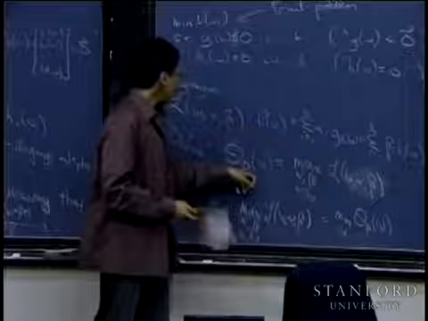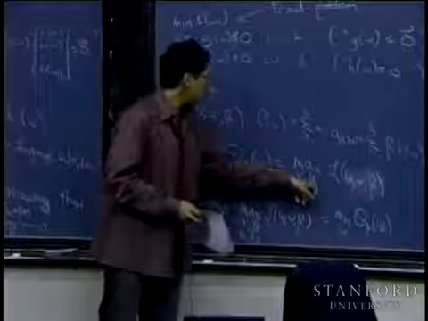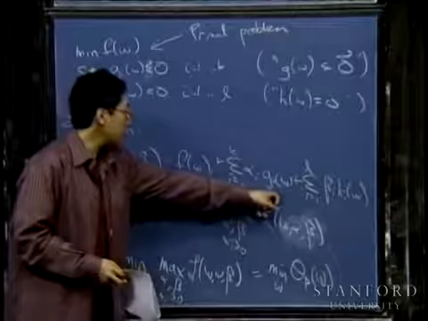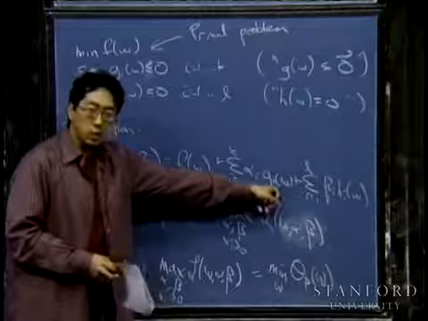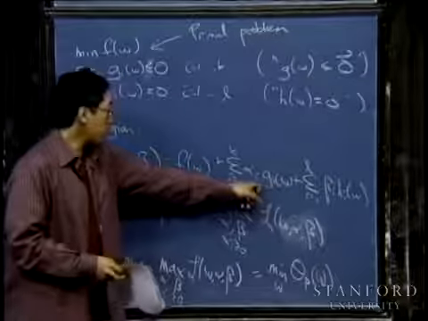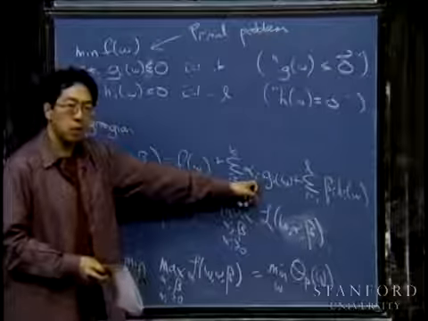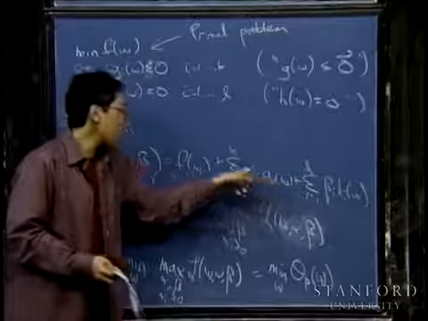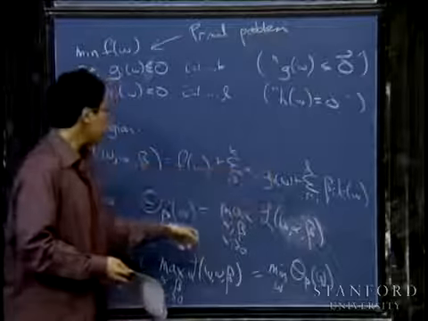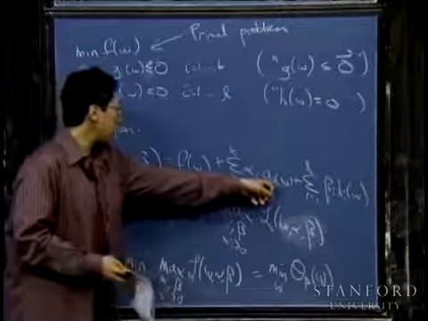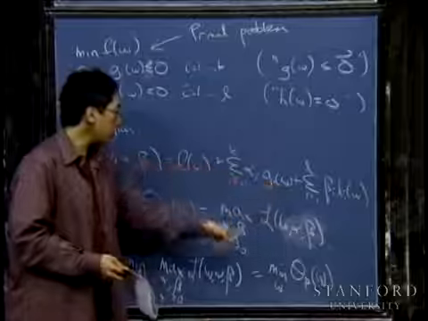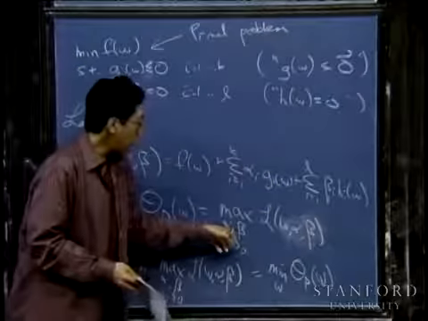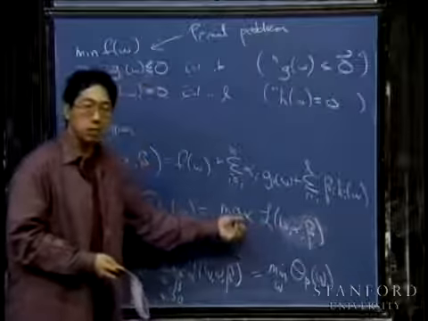Then theta_P is the Lagrangian maximized as a function of alpha and beta. So if one of these g_i(w)'s is positive, then by setting the corresponding alpha_i to plus infinity, I can make this arbitrarily large. And so if w violates one of my primal problem's constraints, one of the g_i's, then the max over alpha of this Lagrangian will be plus infinity.